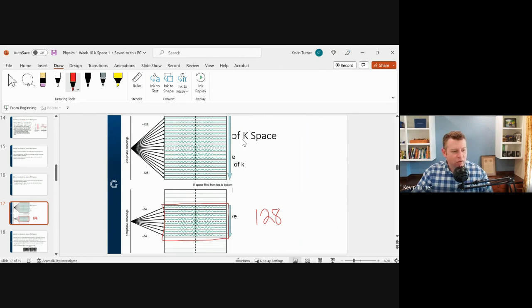But as I increase that phase matrix, I'm going to fill up more and more of the outside of K-space. Right. So as you increase your phase matrix, you're generating more echoes, but those echoes are weaker and weaker. Because in order to create more and more echoes, we're going to use steeper and steeper phase encoding gradient applications.